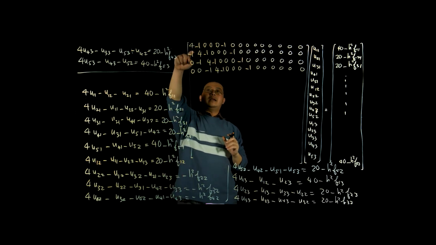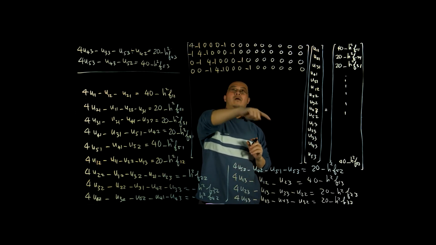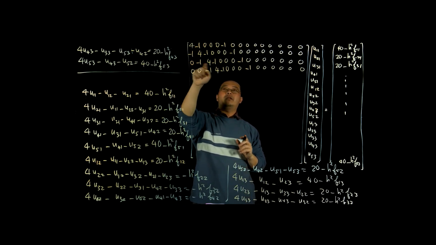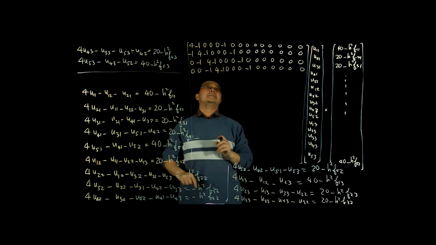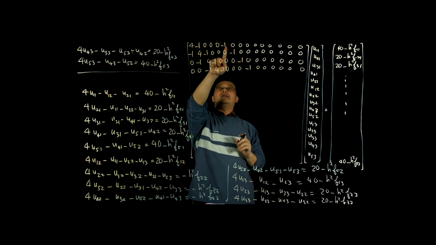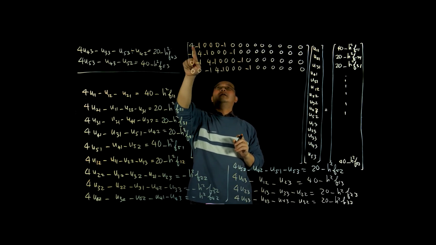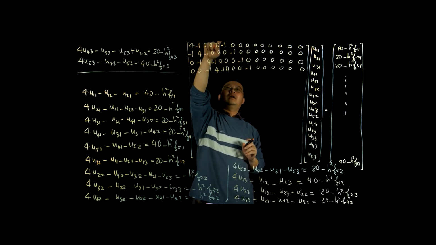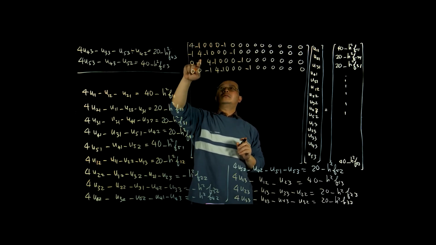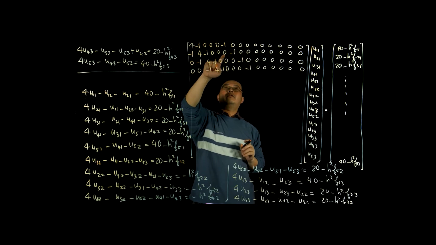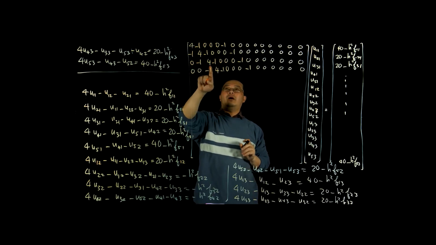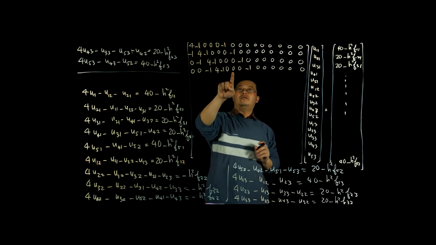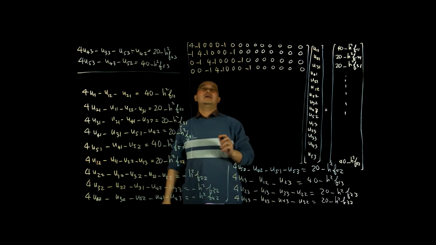So you see the diagonal is always equal 4, yeah? And you have -1 on the left and on the right of 4, yeah? And then you have -1 in the fifth, 1, 2, 3, 4, 5, you have -1. You see? So you see the pattern.